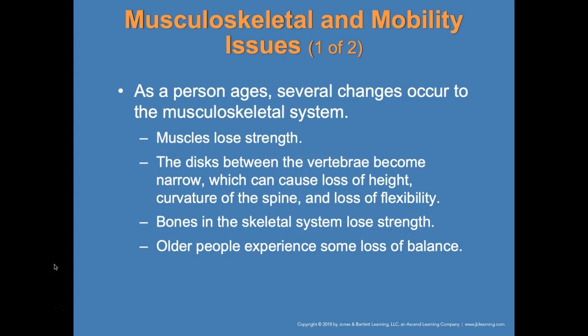One of the diseases that can affect that bone and skeletal system is osteoporosis. It's seen more in women than men, but it's a decrease in the density of bone. It does affect both men and women. A lot of times you see it more in females than men.